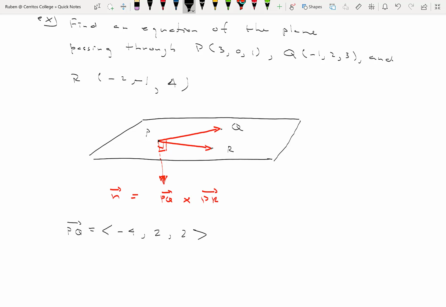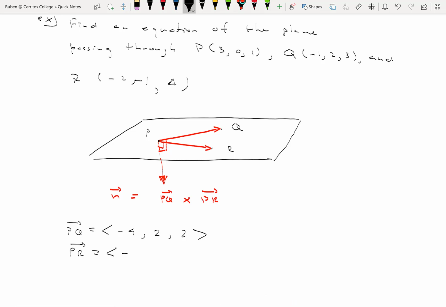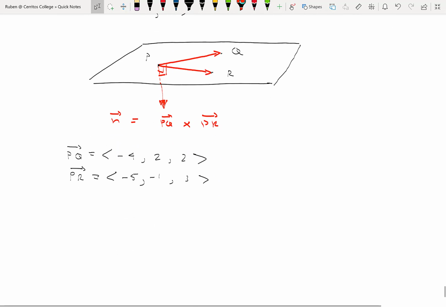Okay, so what about PR? Same difference. Subtract the x coordinate of R minus the x coordinate of P. -2 take away 3 is -5. -1 take away 0 is -1. And 4 take away 1 is 3. So there are PQ and PR.